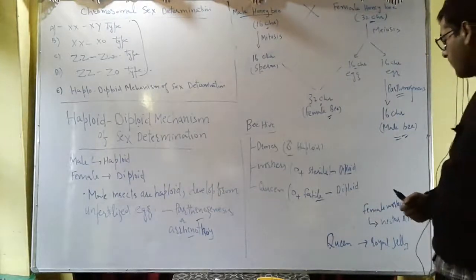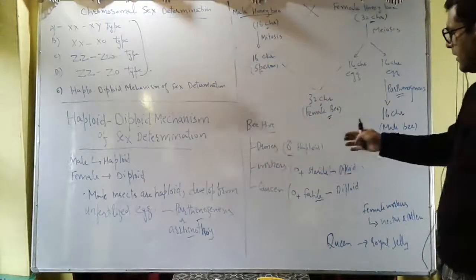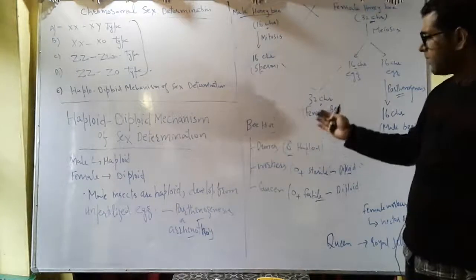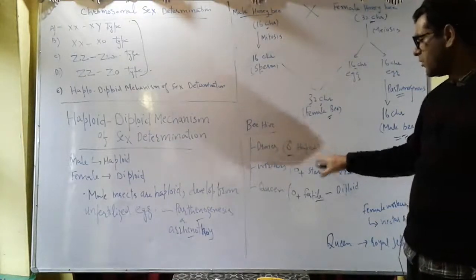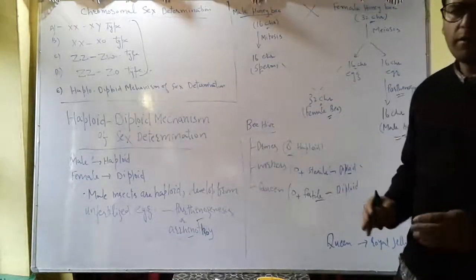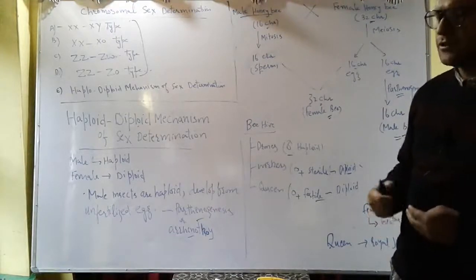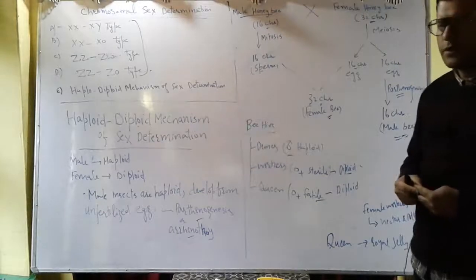Now the male develops from an unfertilized egg, that means by parthenogenesis, and these females develop by the fusion of the male gamete with the female gamete, sperm with the egg, resulting in the formation of the diploid zygote. This diploid zygote develops into the female.